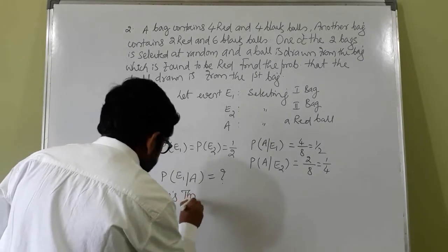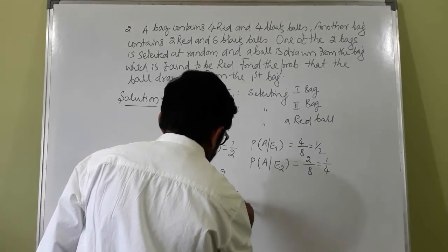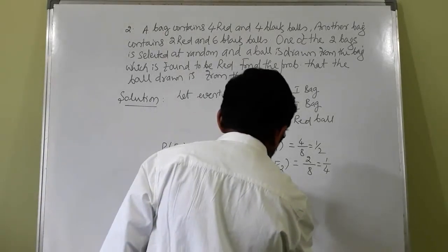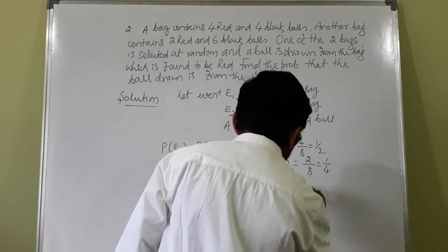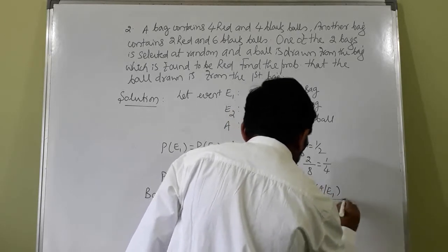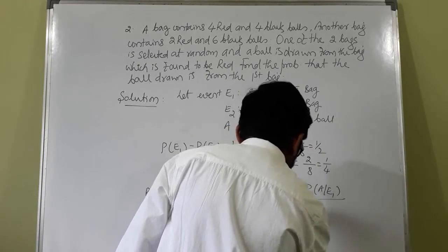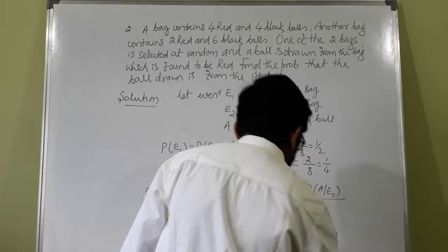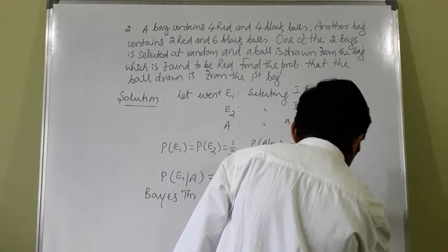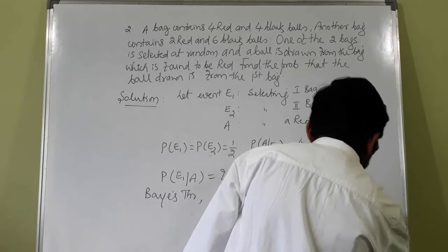Bayes theorem: probability of E1 given A is equal to probability of E1 into probability of A given E1, divided by probability of E1 into probability of A given E1 plus probability of E2 into probability of A given E2.